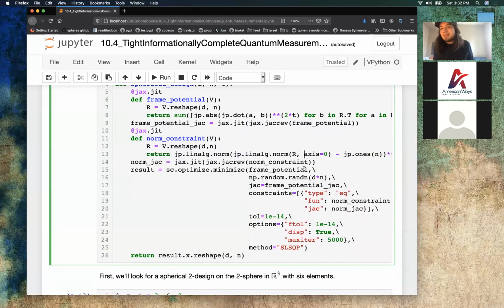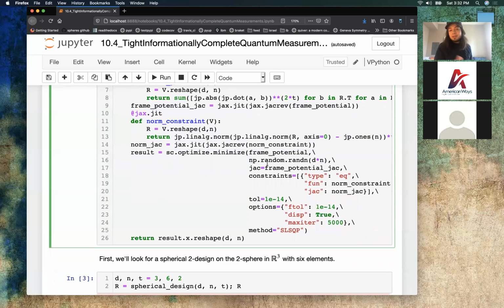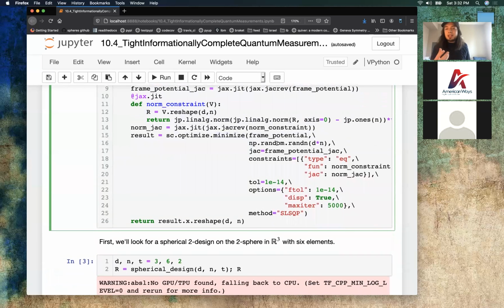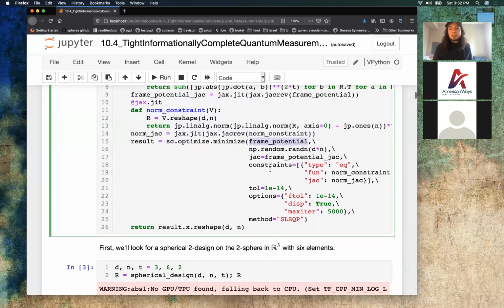We want all the vectors to have as close to unit norm as possible. And then we use SciPy's minimize function to do a constrained optimization. We want to minimize, starting from just some random set of vectors, the frame potential under the constraint that the vectors have unit norm.